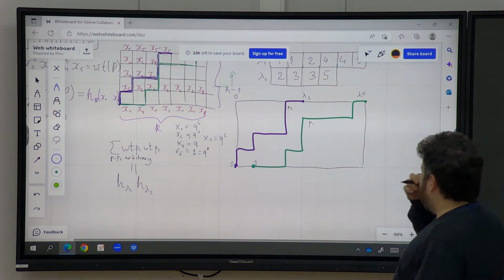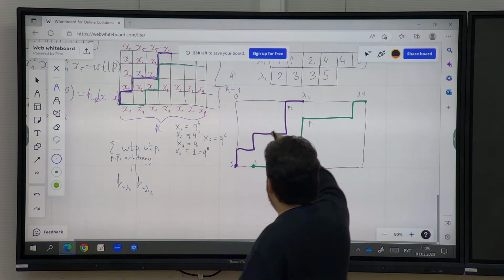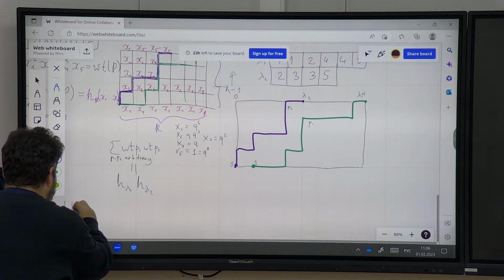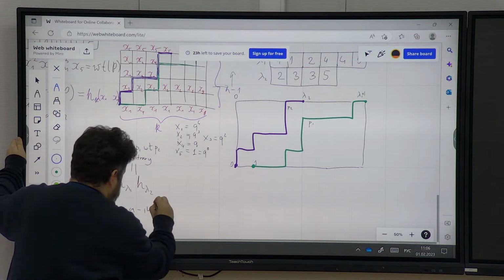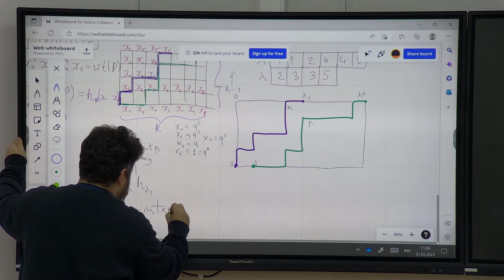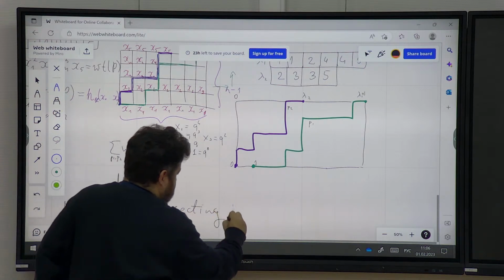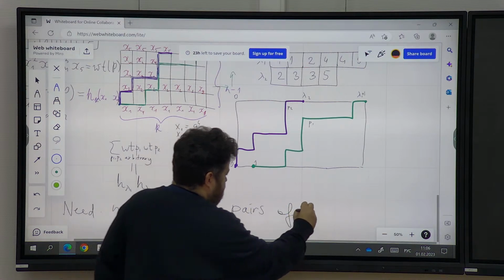Now I want to have the number of paths satisfying this condition, these non-intersecting pairs of paths. We need non-intersecting pairs of paths.